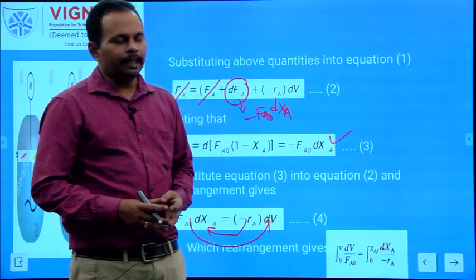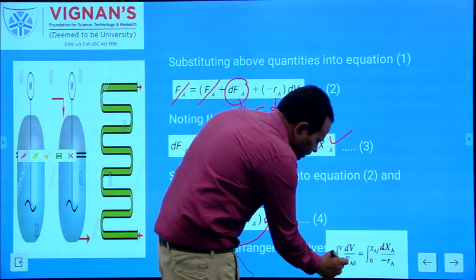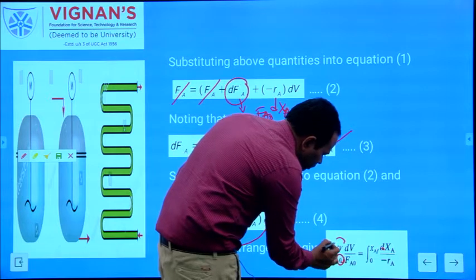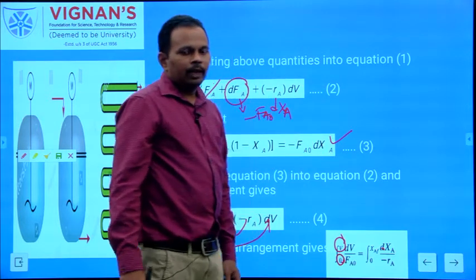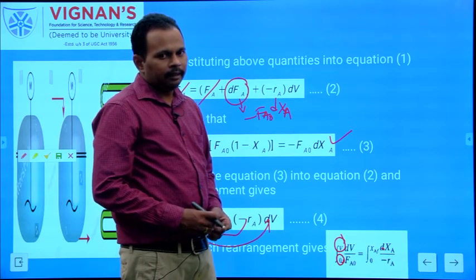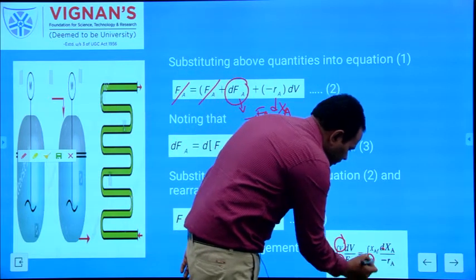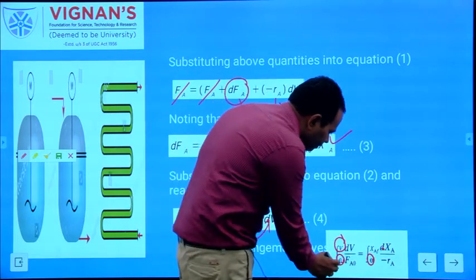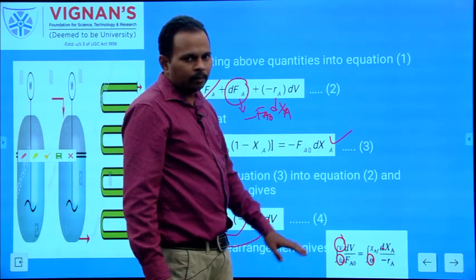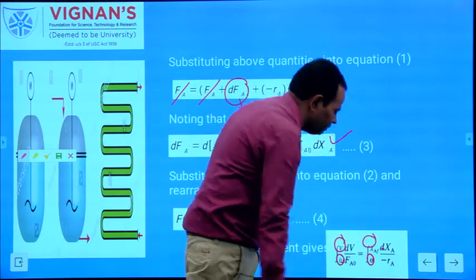On the left hand side, dV by FA naught, take the initial volume at the entrance of the reactor, so 0. At the exit of the reactor, total volume is V. At the entrance, since the reactant is just entering, the conversion XA is 0. That means at the entrance the volume is 0 and the conversion is 0. At the exit, it has total volume V and the final conversion is XAF.